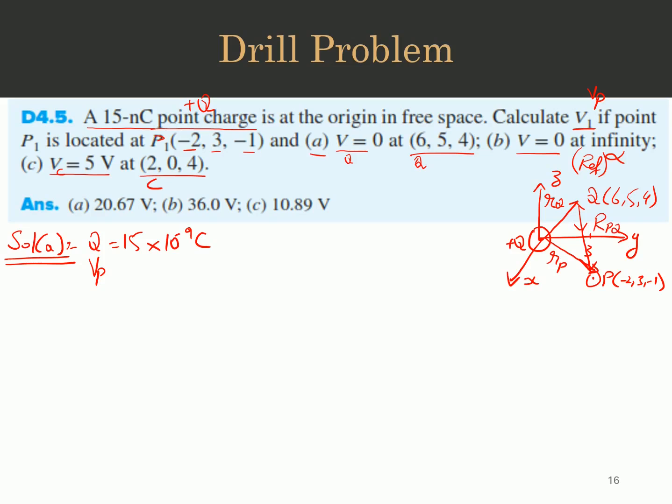If there is a need, we can find this as well, but we are currently looking into RP and RQ. Why, we'll see. So for part A we need to find the potential at P, given that VQ is 0 and the location of Q is such.